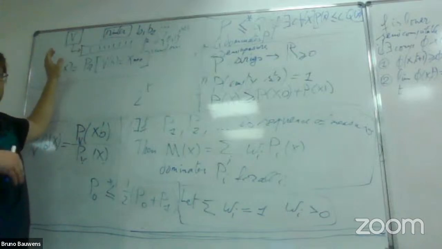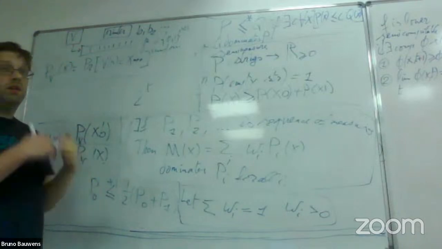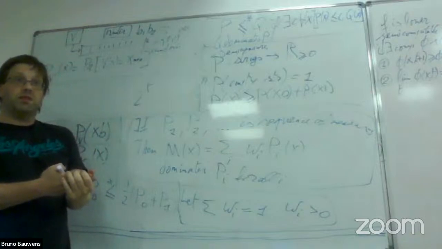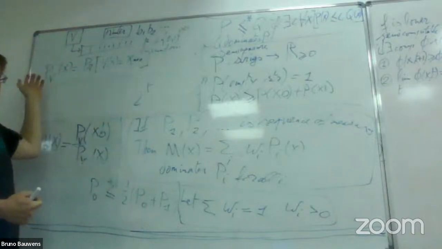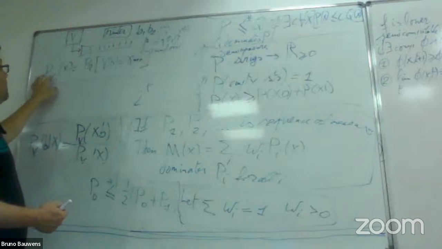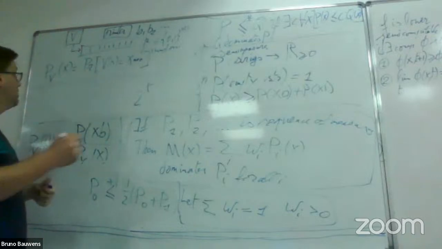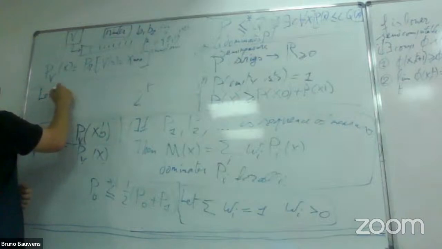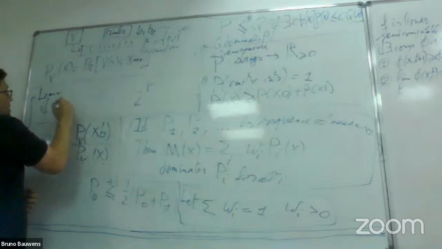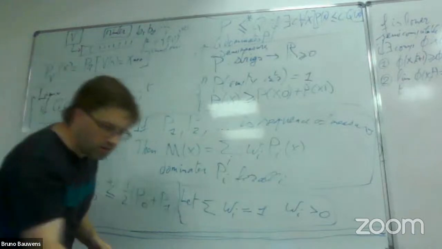So it's lower semi-computable. For any monotone machine, this is a lower semi-computable semi-measure. Now the other direction is also true. If I give you a lower semi-computable semi-measure, we can find a machine that produces this probability. So here is the lemma.